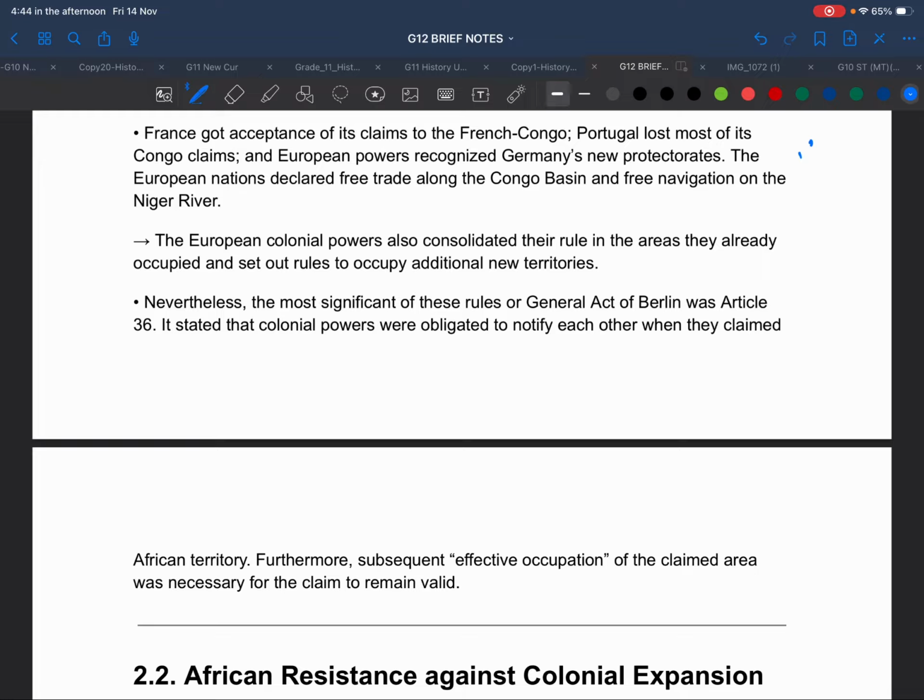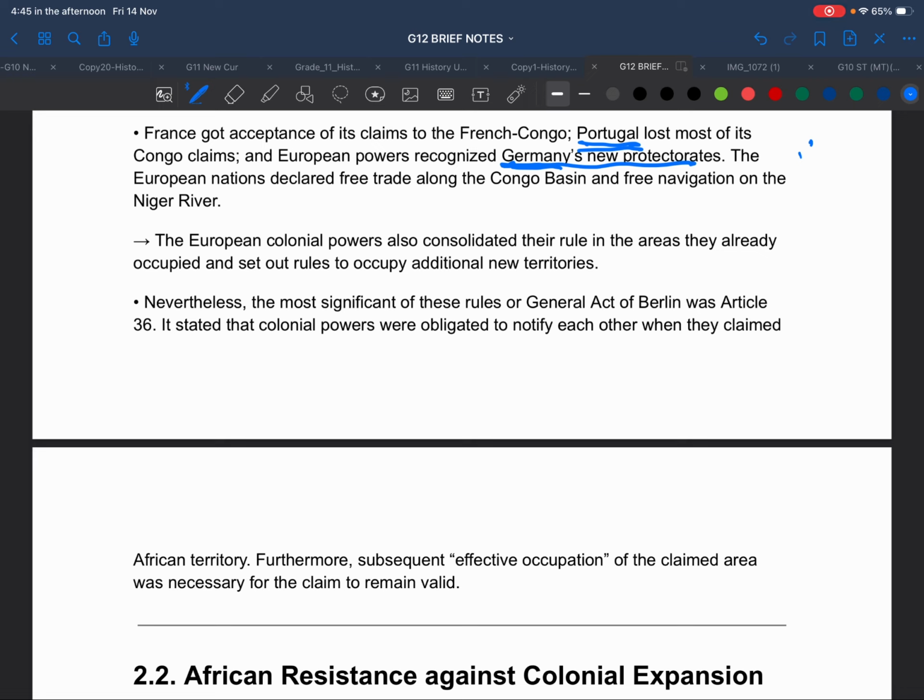Portugal lost most of its Congo claims. She had been the old master, lord of that territory, Congo. So Portugal lost. And European powers recognized Germany's new protectorates. This is another growing colonial power, Germany.